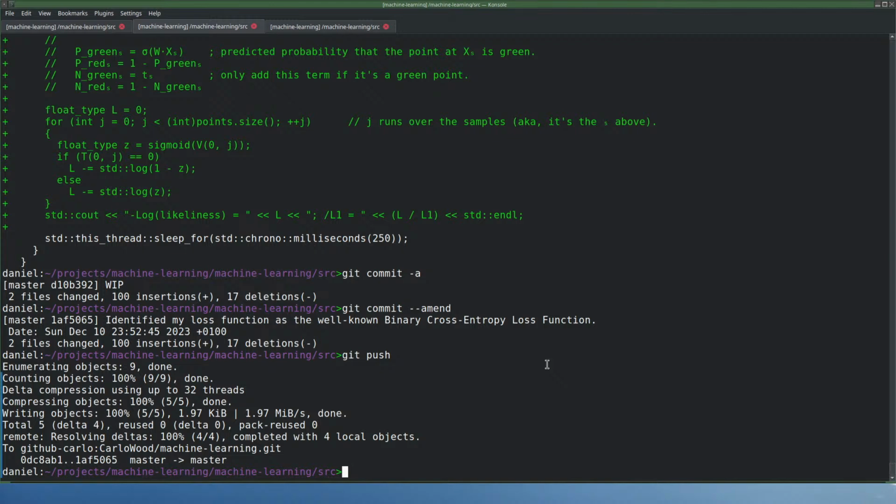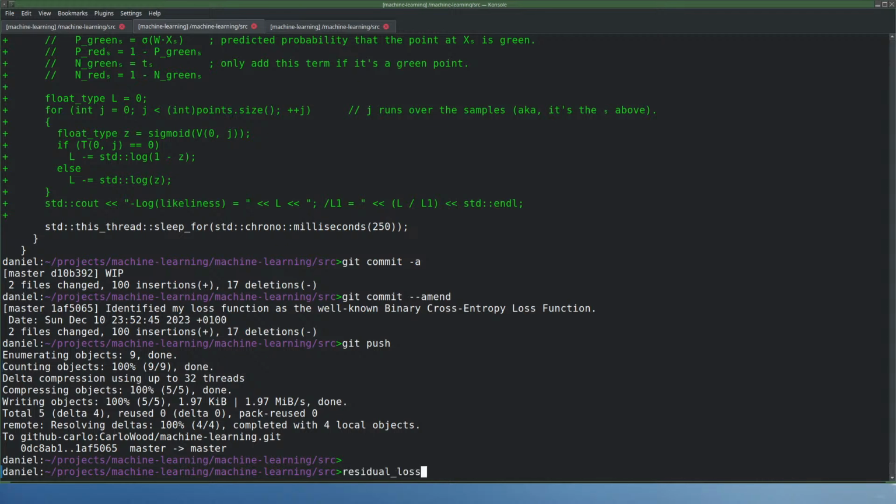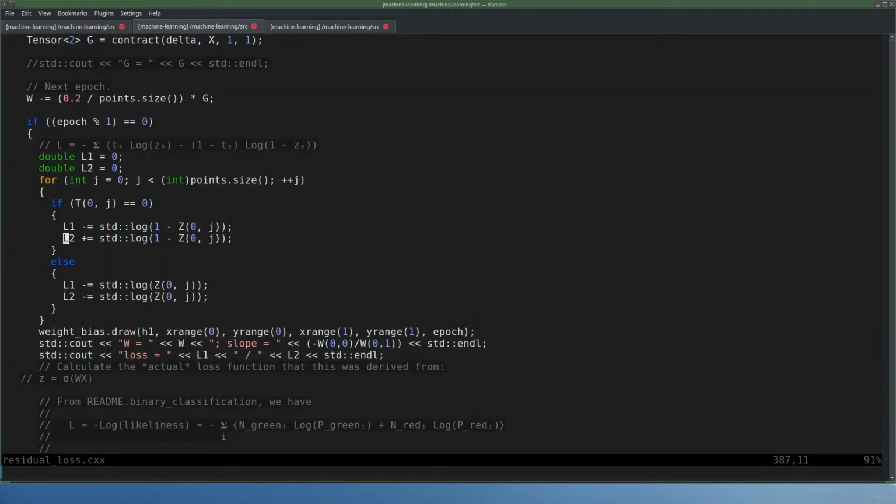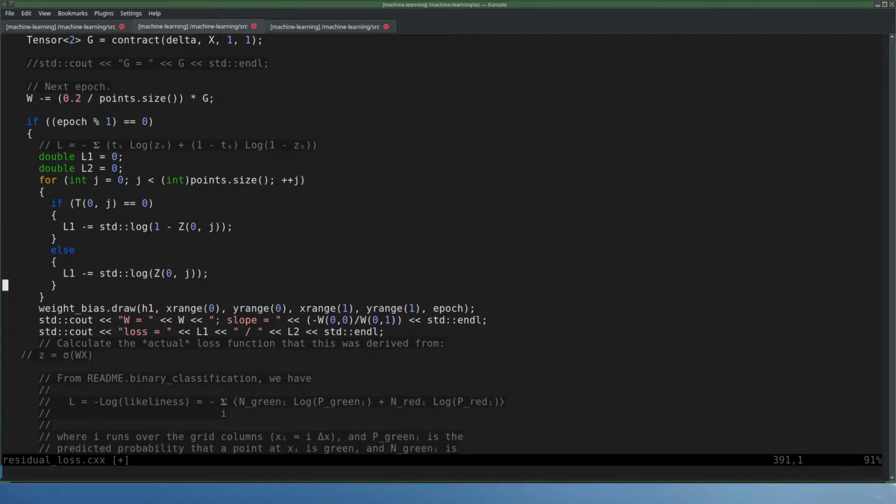Well, it is still not finished, I think, because I still think it's very slow. Let's see, so this is L1 is the, delete L2.